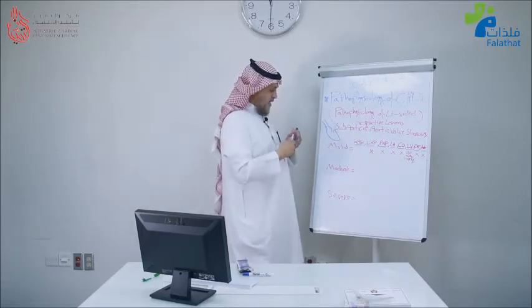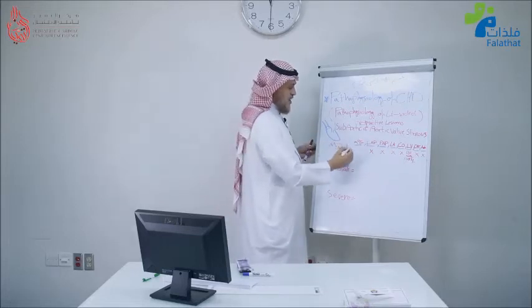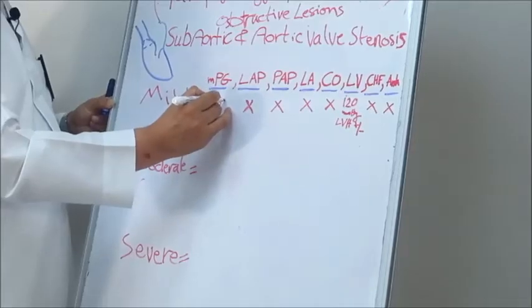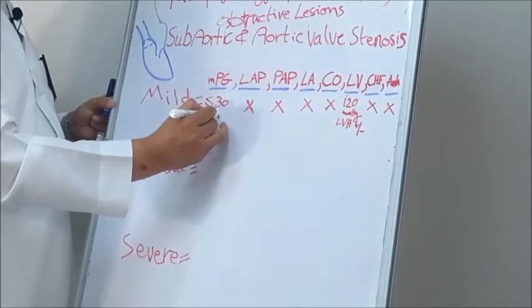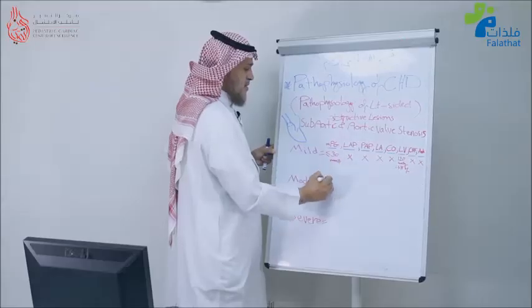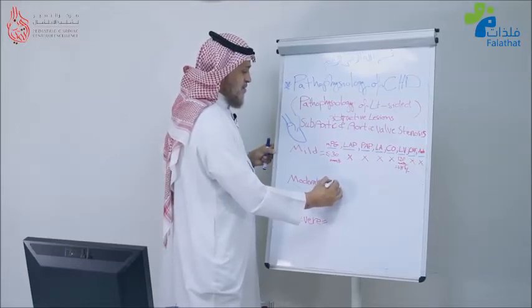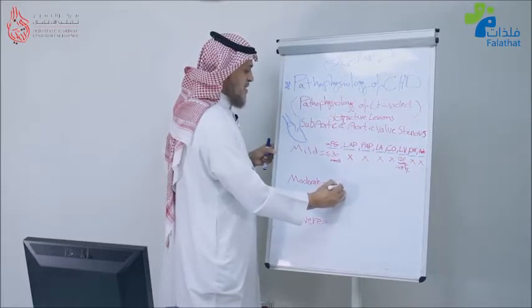So here we are talking about a systolic difference of less than 30 millimeter mercury. Here, a systolic difference of less than 40 or equal to 45.